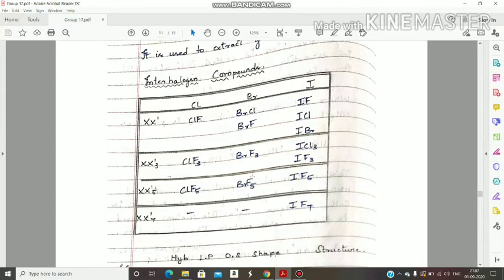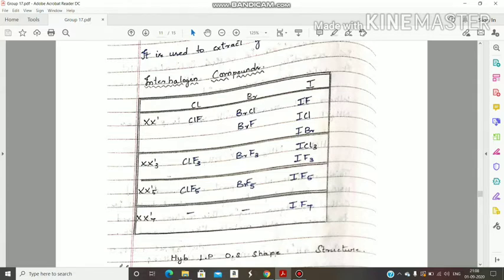Next, iodine can form IF, ICl, IBr in this category. In this category, it can form ICl3, IF3. In this category, it can form IF5. In this category, it can form IF7 only. That means in this category, only iodine can form heptahalides.